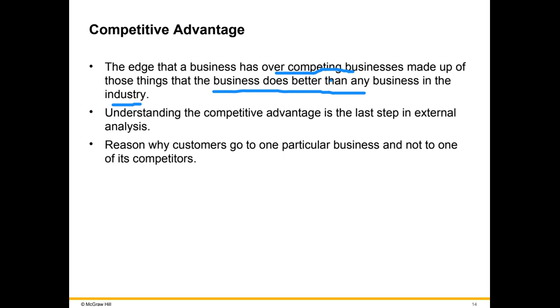Understanding the competitive advantage is the last step in external analysis. The reason customers go to one particular business and not to one of its competitors is the competitive advantage that you have.